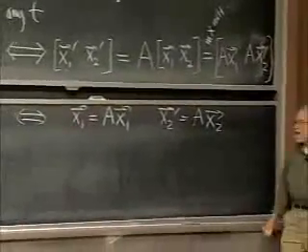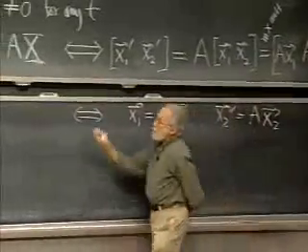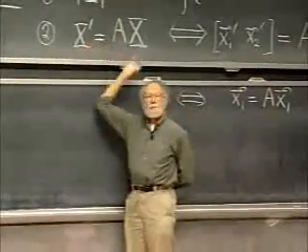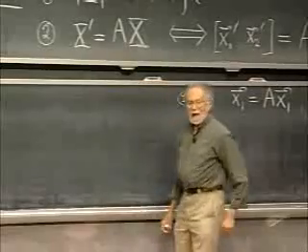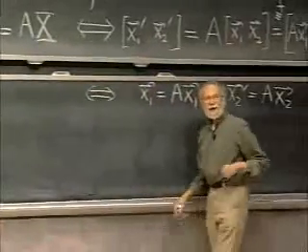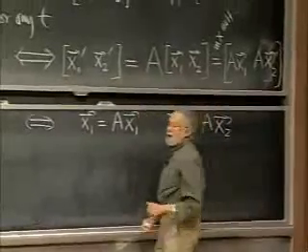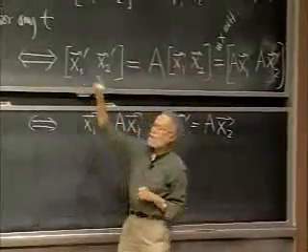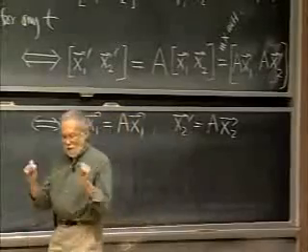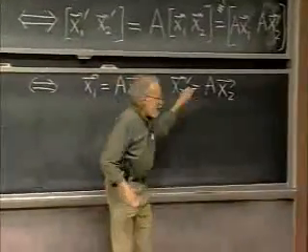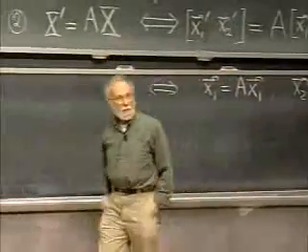So the end result is that saying the fundamental matrix satisfies this matrix differential equation is only a way of saying in one breath that its two columns are both solutions to the original system. It's, so to speak, an efficient way of turning these two equations into a single equation by making a matrix.